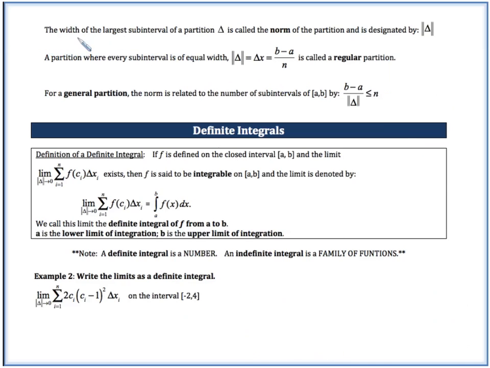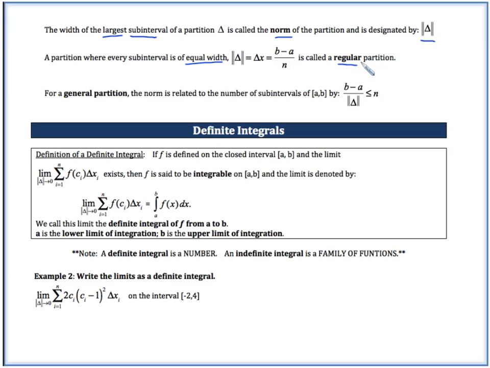And so we're going to change this again to say the width of the largest subinterval of a partition delta is called the norm of the partition, and we're going to designate it with this symbol right here. Okay, so it's kind of like a double absolute value of our delta. That's what it looks like, but it's the norm of the partition, which is the largest subinterval. Now a partition where every subinterval is of equal width, so basically where all your delta x's are the same, b minus a over n, we call this a regular partition.